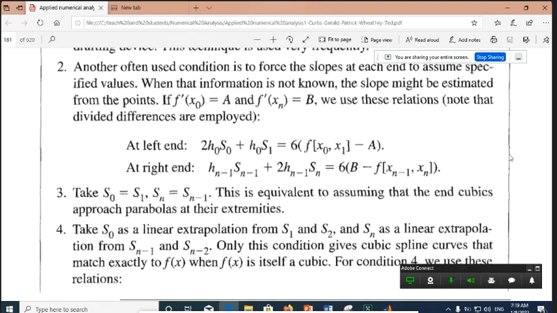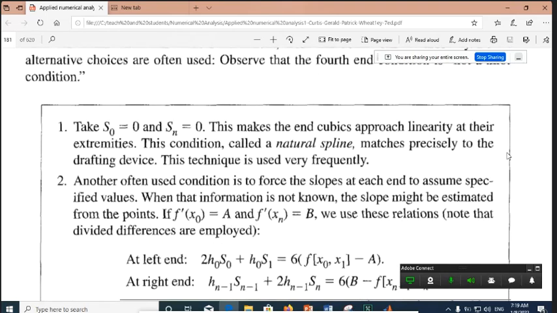These are alternative choices. We can set S_0 and S_n equal to 0. This makes the end cubics approach linearity at their extremities. This condition is called a natural spline.